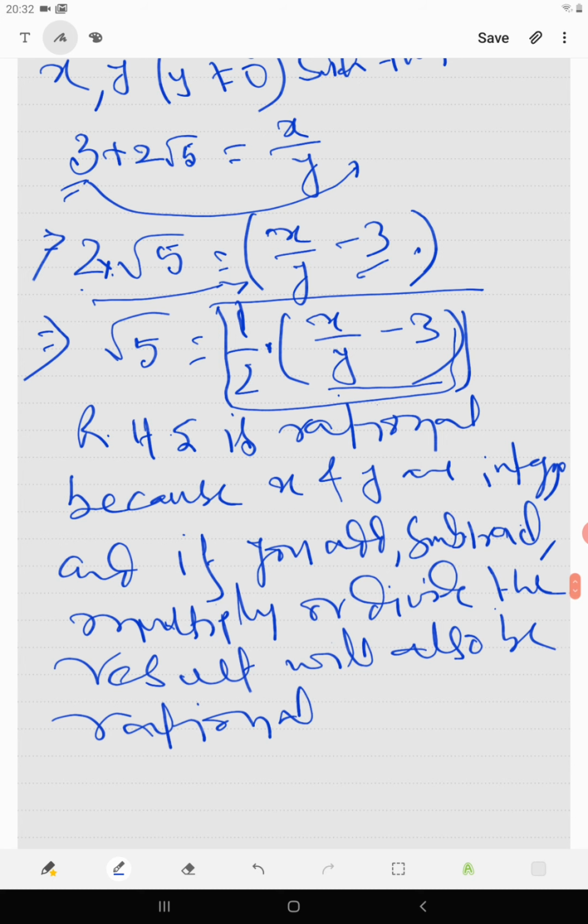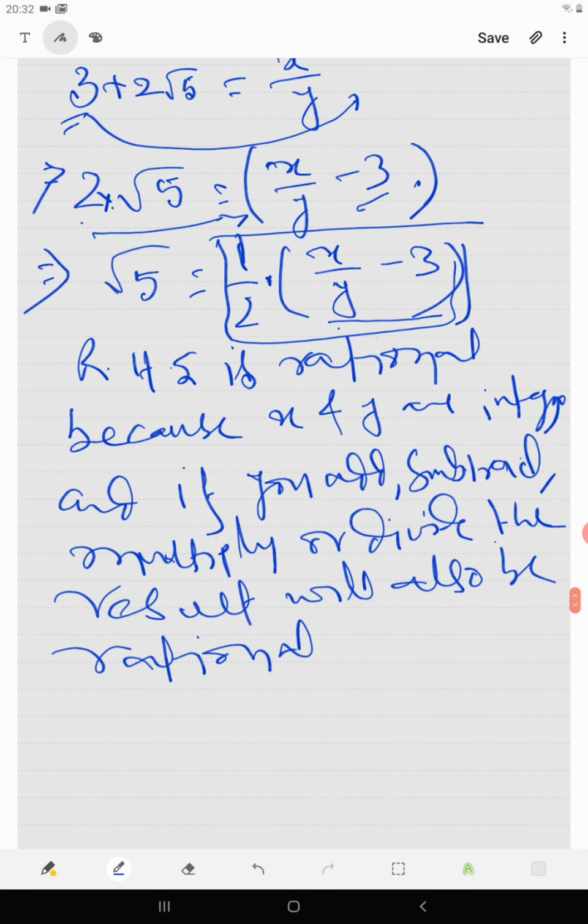So RHS is rational. Why? Because x and y are integers, and if you add, subtract, multiply, divide, then the result will also be rational. So the right hand side will be rational. So this proves that root 5 is rational. Because RHS is rational, the left hand side will also be rational. Correct?